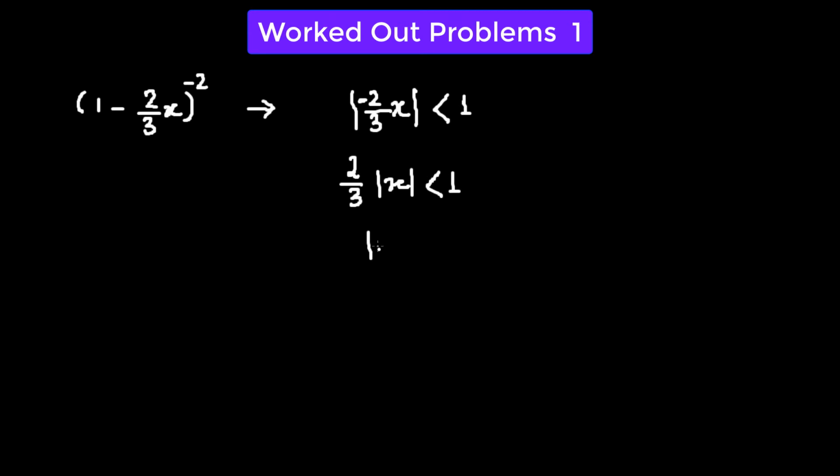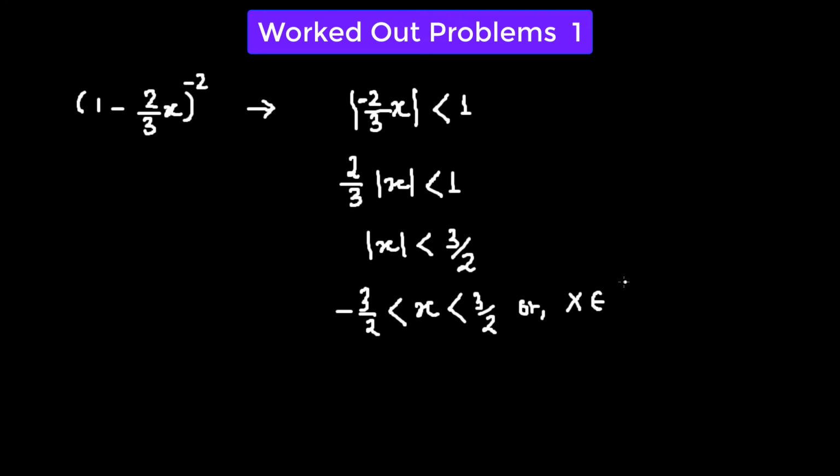Now multiplying both sides by 3/2, that should give us the absolute value of x is less than 3/2, or we can say that the value of x lies between -3/2 and 3/2, or simply saying that x belongs to the set of numbers starting from -3/2 all the way up to 3/2. So this is the value of x.